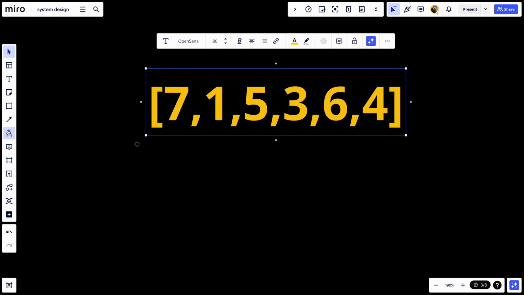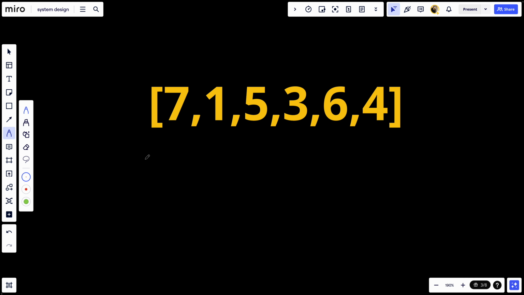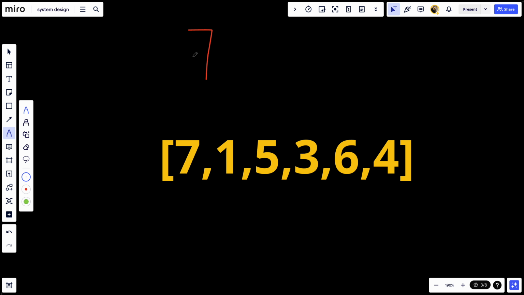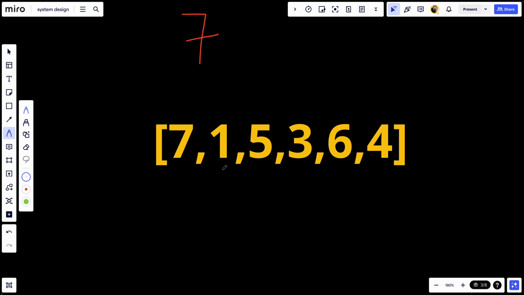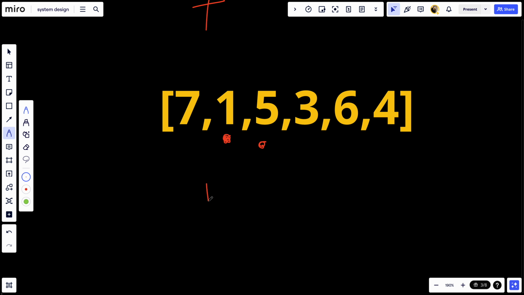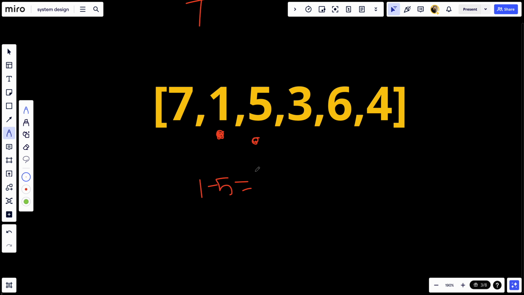So let's think about how we can do this one. As we said, the maximum profit will be 7 because we can buy on day 2 with the price 1. We can sell on day 3 with the price 5, and we got profit of 4.